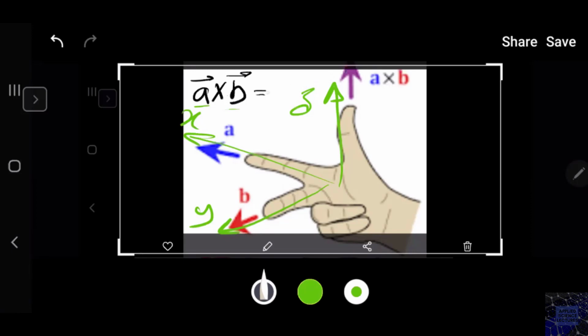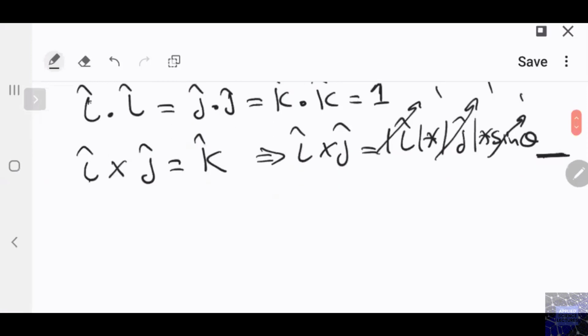So this is going to be k hat for this case. So if I go back now to my original page, then I have here k hat.